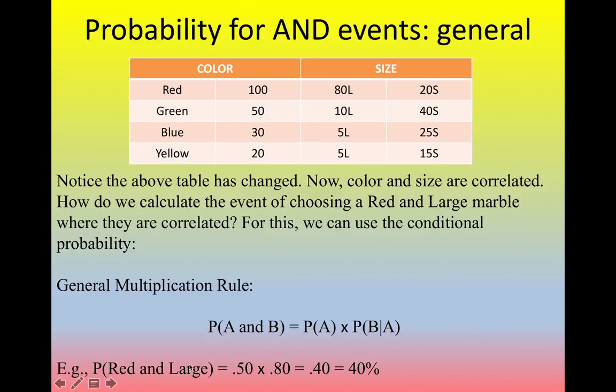In other words, the probability of pulling a large red marble is the probability of pulling a red marble, which is 100 out of 200 total, so that's 50%, times the probability of pulling a large marble given that it's red, so that's 80 out of 100, the 80 large marbles out of the subpopulation of reds, 100, so that's 80%, and then multiplied together that gives you 40%.